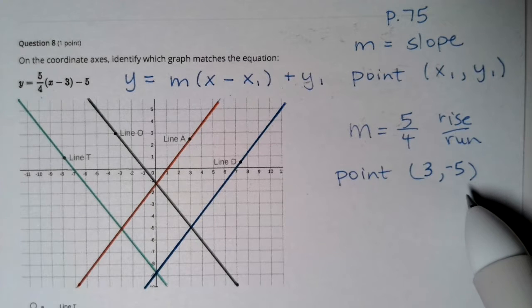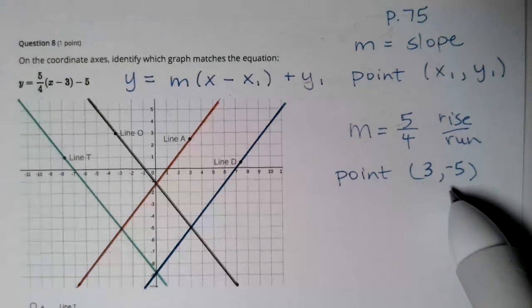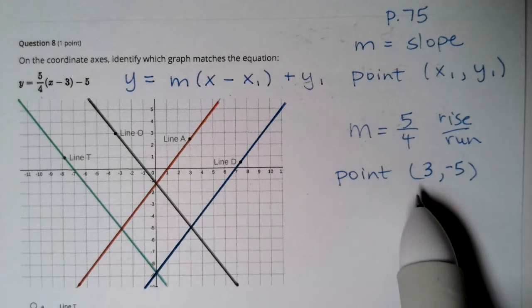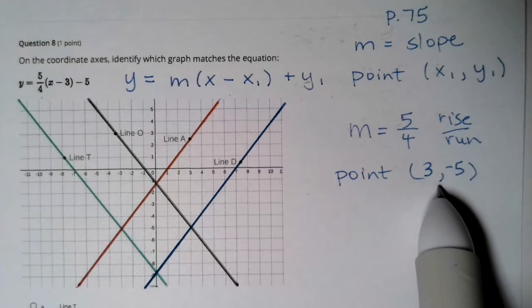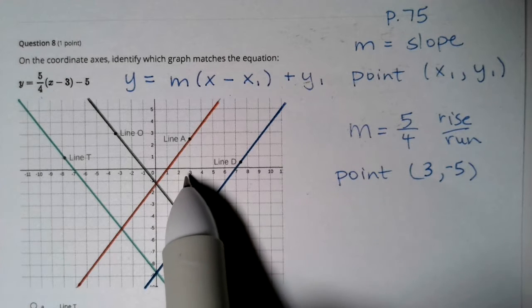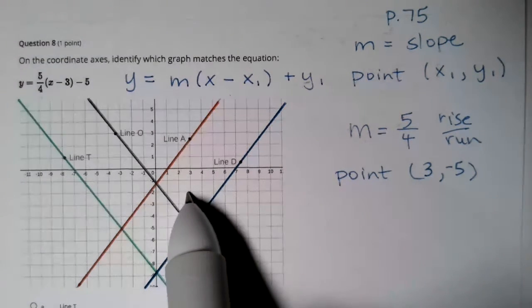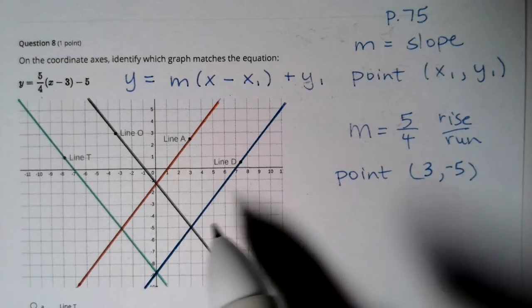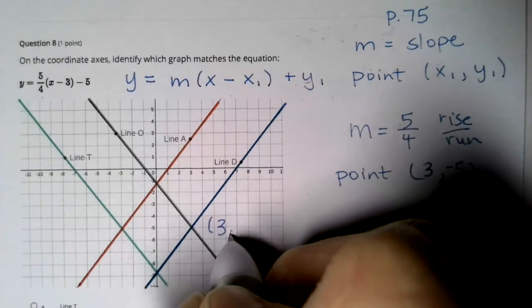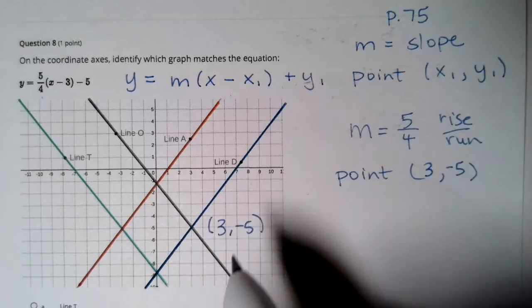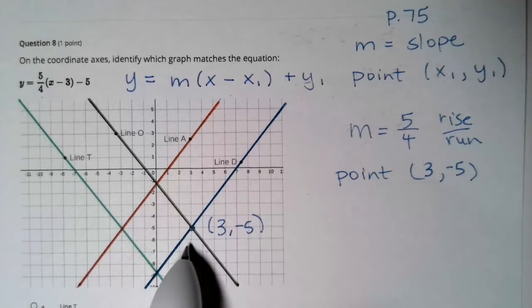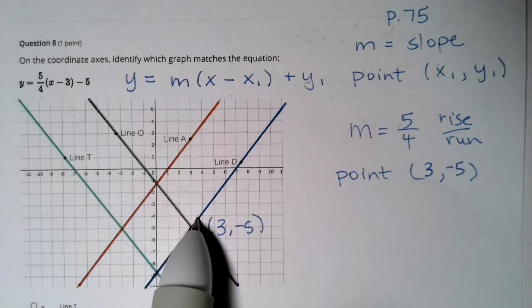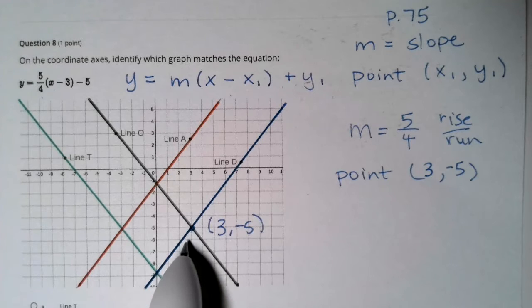So the first thing I do when I'm graphing something from my equation is start with the point. I'm going to look on my coordinate axes to see where this point 3, -5 is. The 3 on the x-axis is here, and -5 is down here. So this point right here is 3, -5, and so I know that my answer has to be one of these two lines.